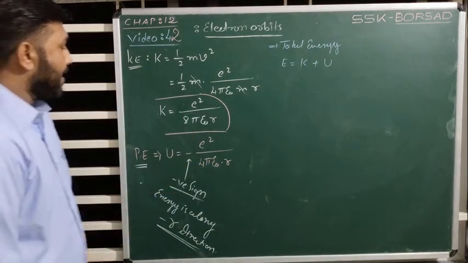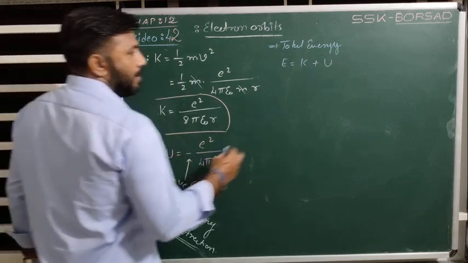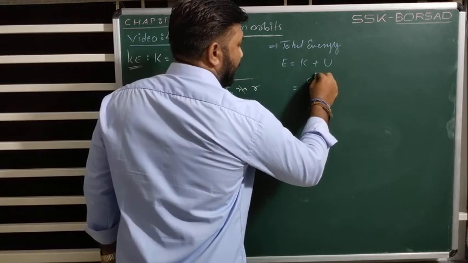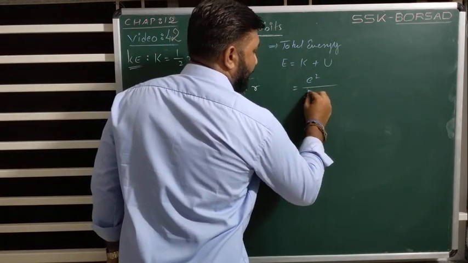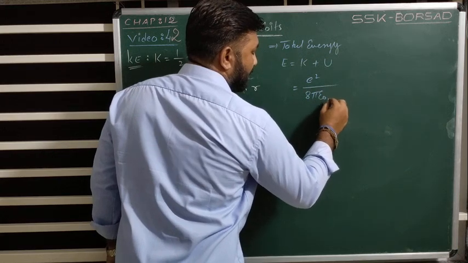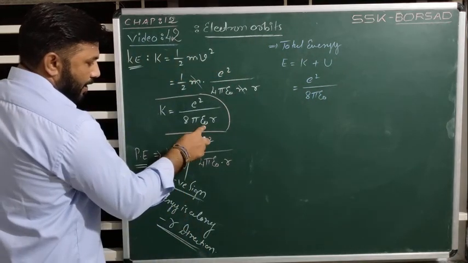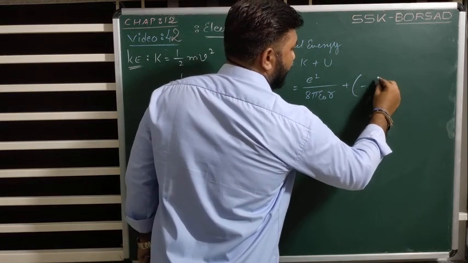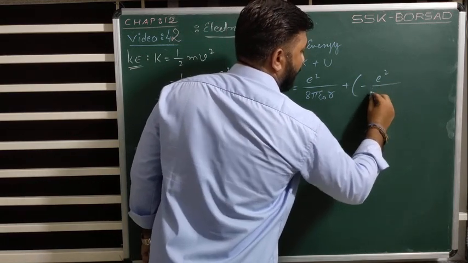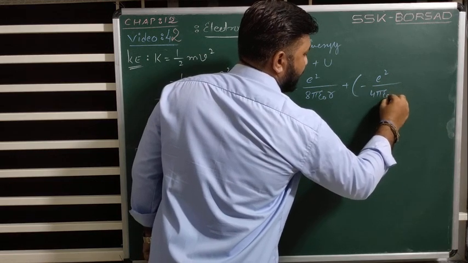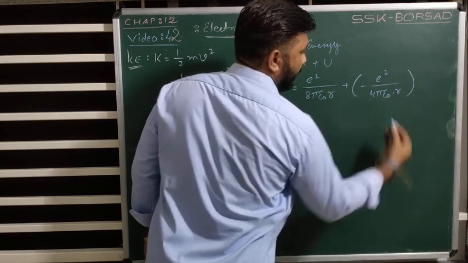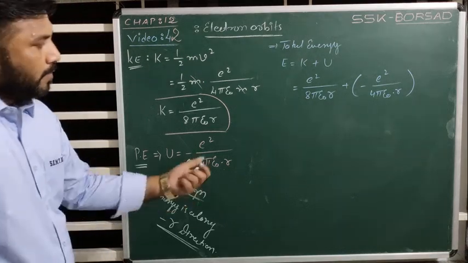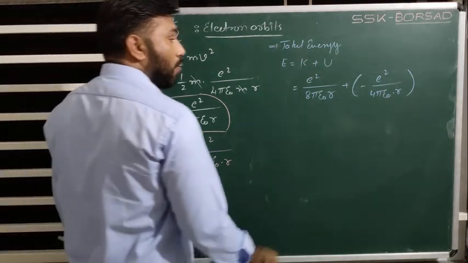See, kinetic energy K is equal to e square upon 8 pi epsilon 0 R plus minus e square upon 4 pi epsilon 0 multiplied by R. What will come out as common?